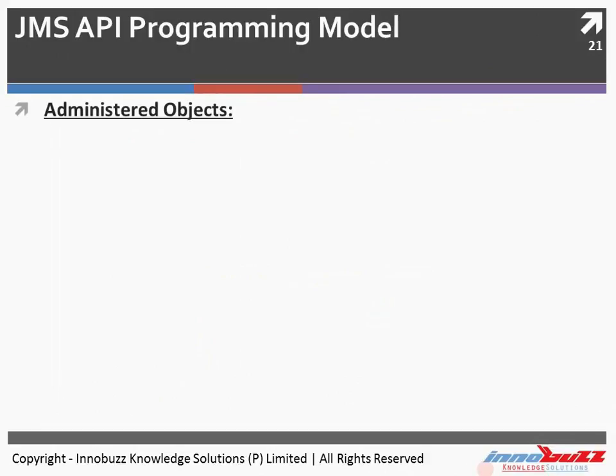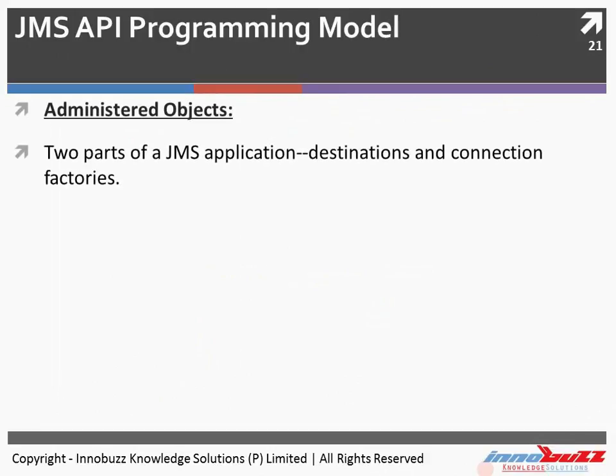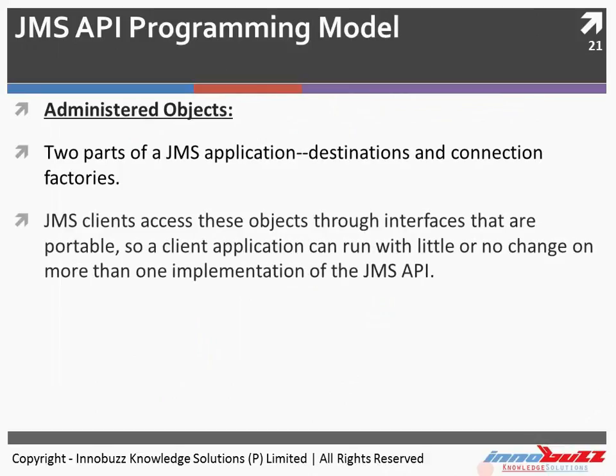To begin with, administered objects. There are two parts of JMS applications, as we have already seen, and those are nothing but destinations and connection factories. JMS clients access these administered objects through interfaces that are portable, so a client application can run with little or no change on more than one implementation of the JMS API.